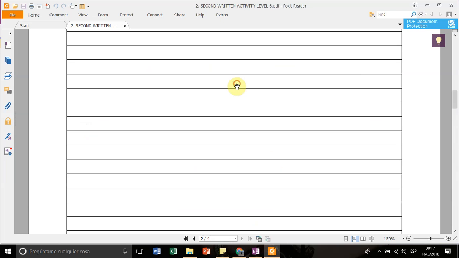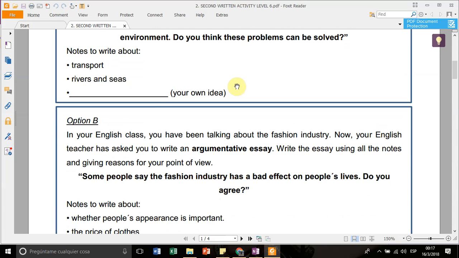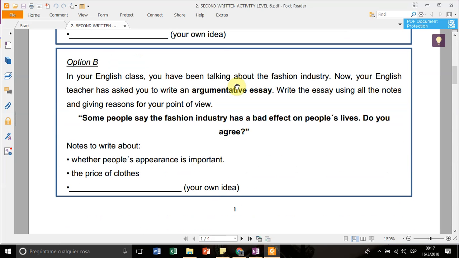Remember from the writing assessment, the reading activity, the instructions, you have to write about three things. The two are already established, and the third one is something that comes from your mind. And also, this is very important: do not forget to write an argument from your own idea.